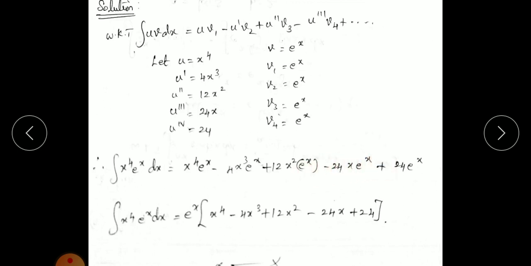Now e power x is common in all the terms, so you can take it outside: e power x into x power 4 minus 4x cube plus 12x squared minus 24x plus 24.